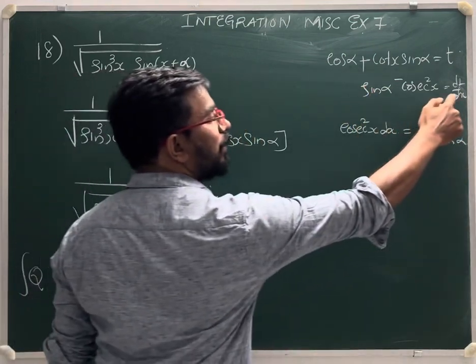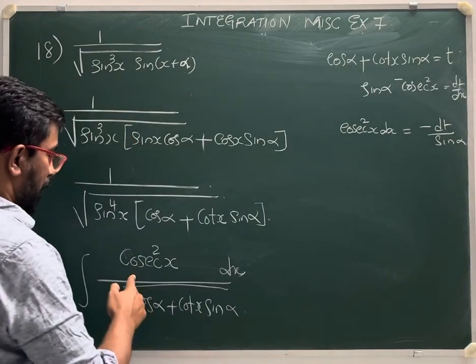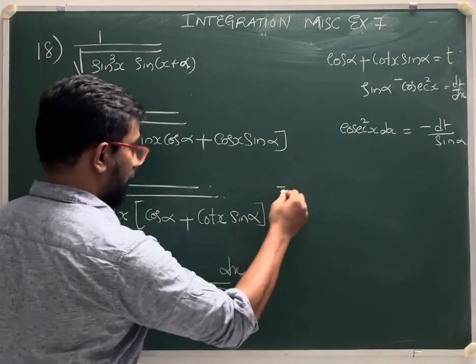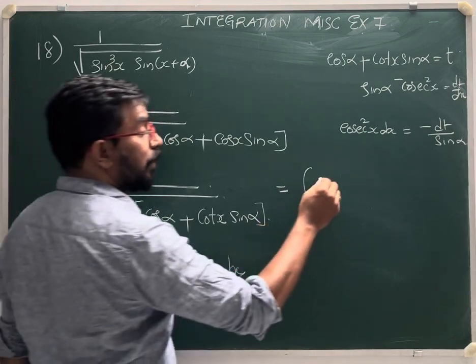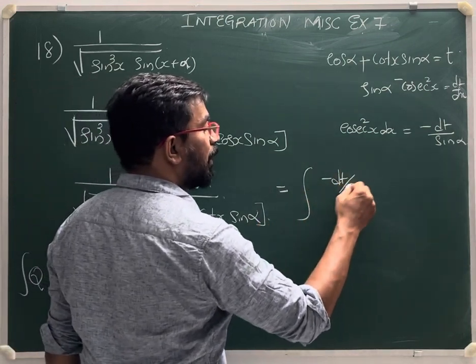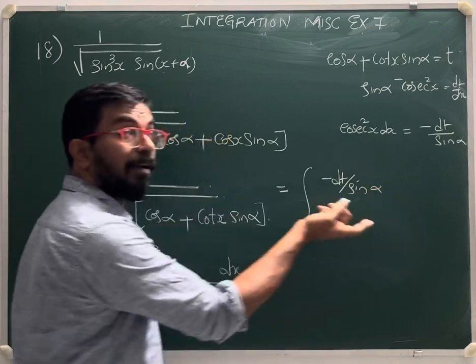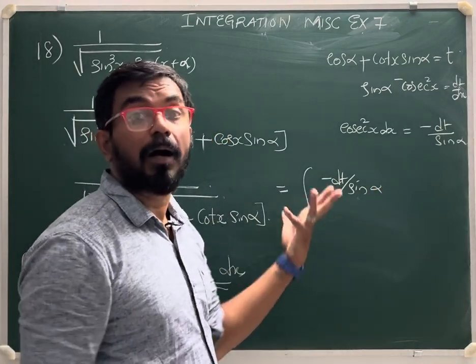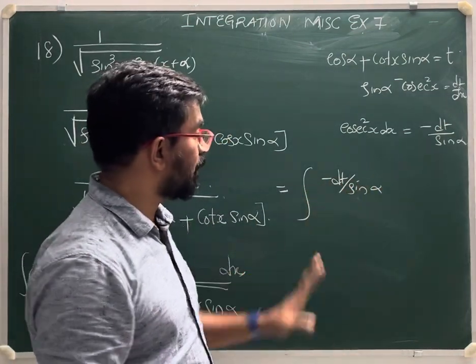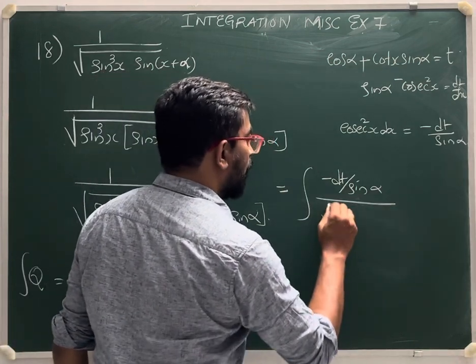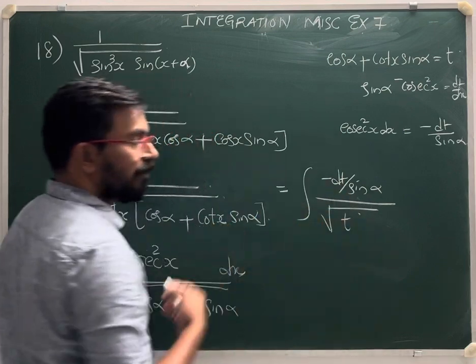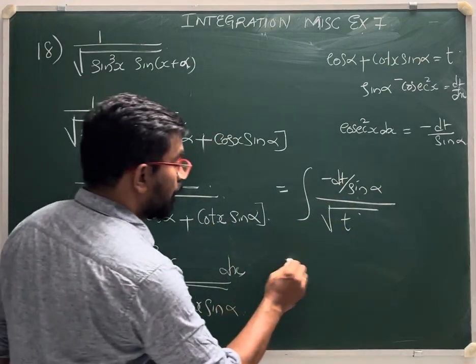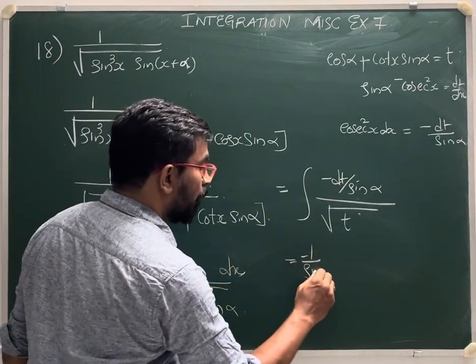Now I can change the question like this: instead of cosec square x dx, I can write minus dt by sin alpha. Don't worry about the sin alpha, you can keep it out of the integral, as it is a constant. Divided by root of, see how beautifully this has changed, it became t. So small it became. See, minus 1 by sin alpha, you don't worry.